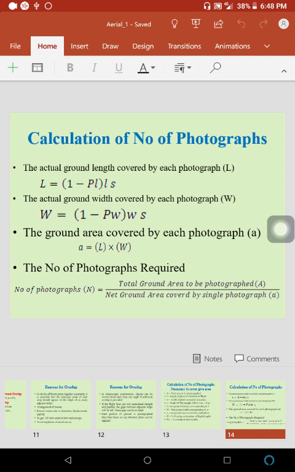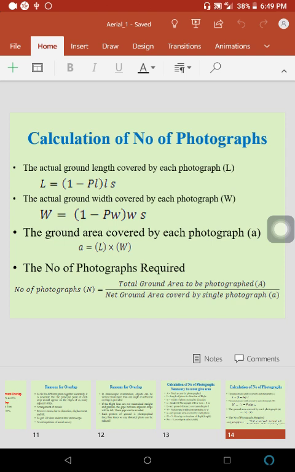If the lateral overlap is 20%, the value of PW will be 0.2. So 1 minus 0.2 is 0.8. w is the width of the photograph, and this dimension will be in centimeters. Remember, be careful here: the length of the photograph and the width of the photograph are to be substituted in centimeters only, and the value of S should be in meters.